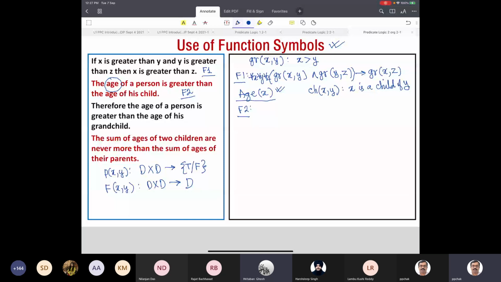For all x, for all y, if x is the child of y, then x's age is greater than y's. For all x, for all y, CH of x, y implies GR of age of y, comma, age of x.